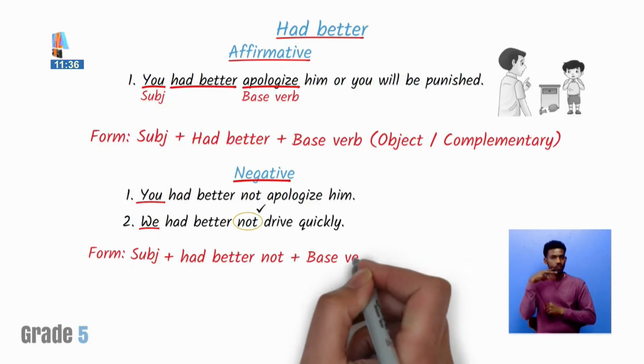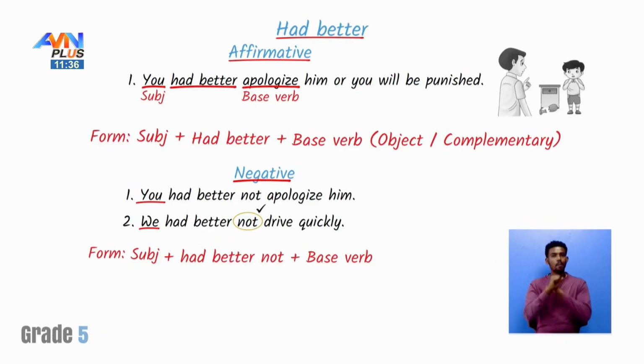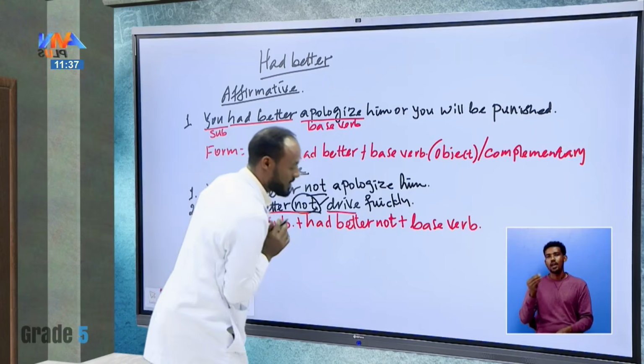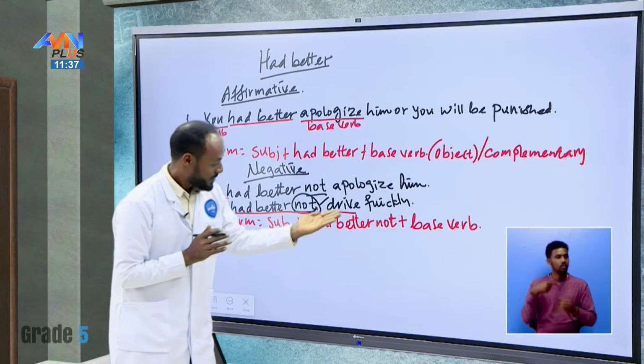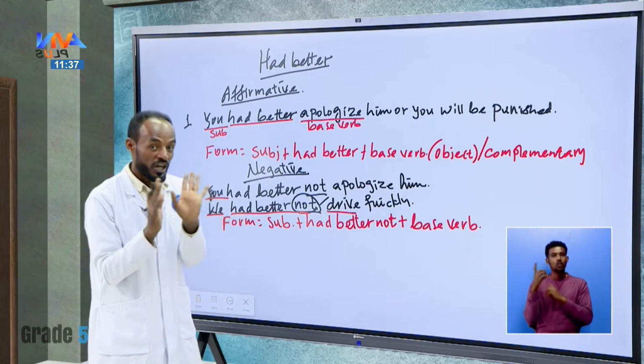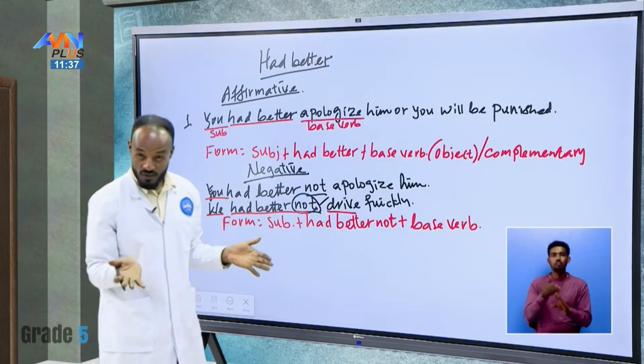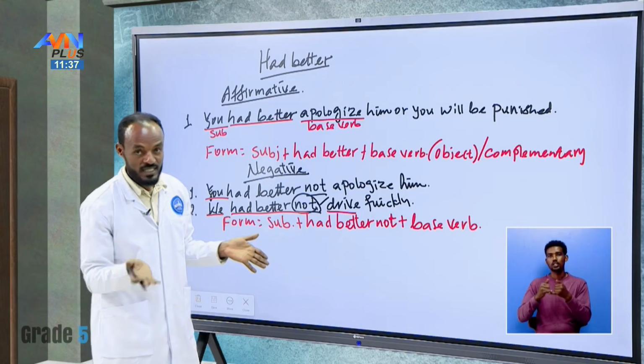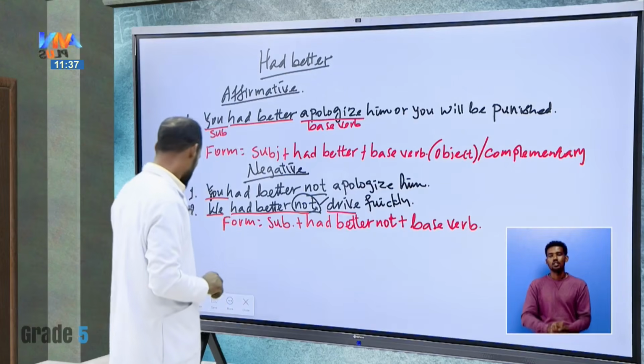Don't forget to put base verb at the end of such kinds of sentence. So, subject plus had better not plus base verb. Here is had better not. Here is the what? Drive is the base verb. We didn't add any prefix and suffix. Am I right? Bravo, students.